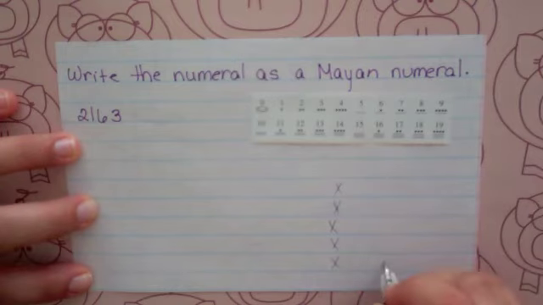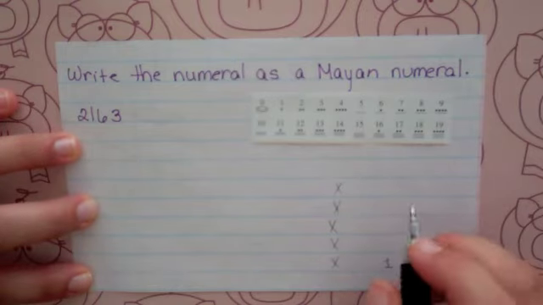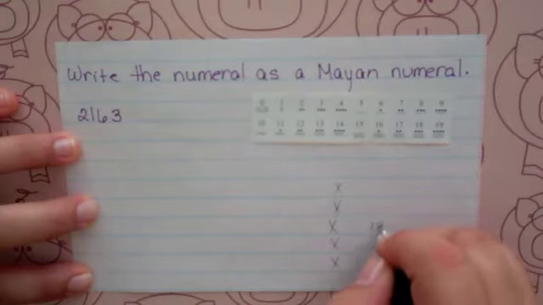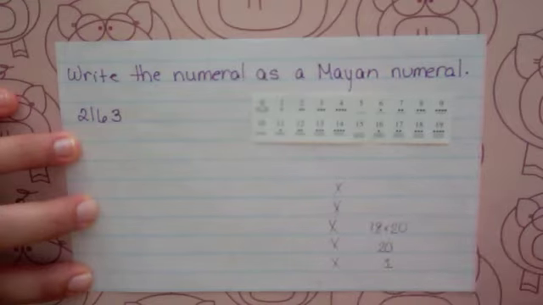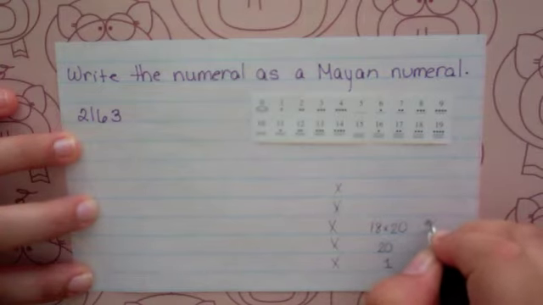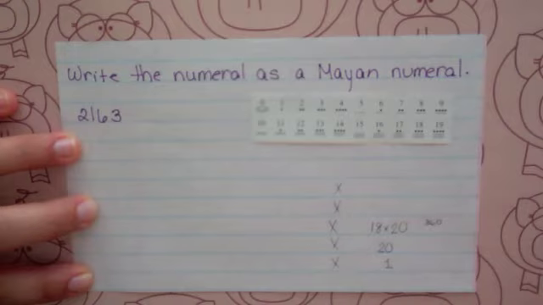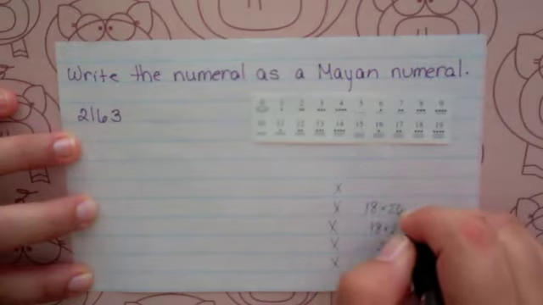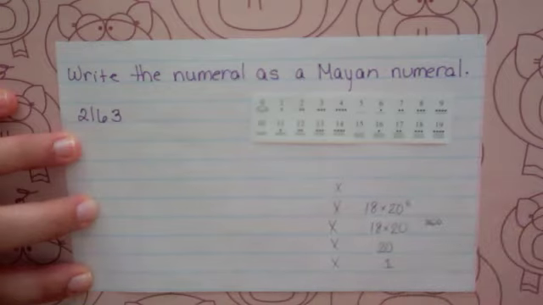The last at the bottom is the ones place. This is the 20s place. This is the 18 times 20 place. By the way, 18 times 20 is 360, because we're going to need that in a second. This would be the 18 times 20 squared spot.